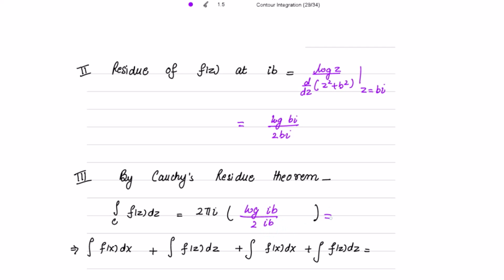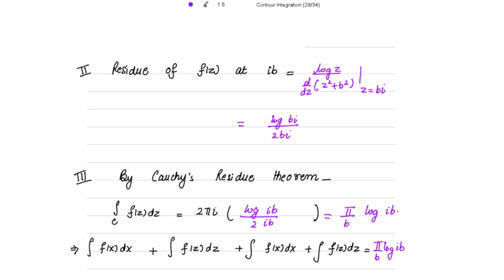So this is equal to, 2 iota will be cancelled out, so this is pi over b log of iota b.